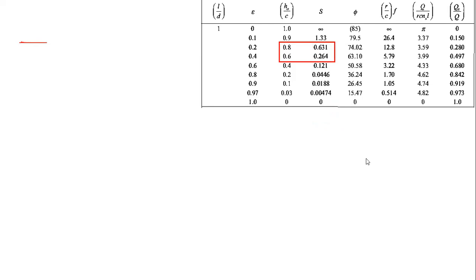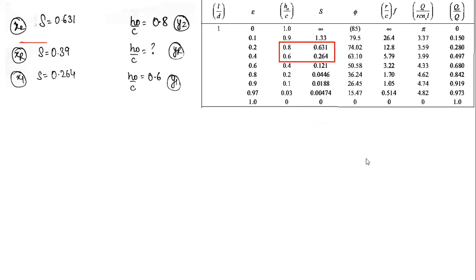Now, the first thing that is being asked is the minimum oil film. First was asked Sommerfeld number, which we already found out. It's 0.39. Then the next thing asked is minimum oil film thickness, which we have to find out from this ratio of minimum oil film thickness divided by radial clearance, which is available here. If Sommerfeld number is 0.631, in front of that, this HO by C value is 0.8.